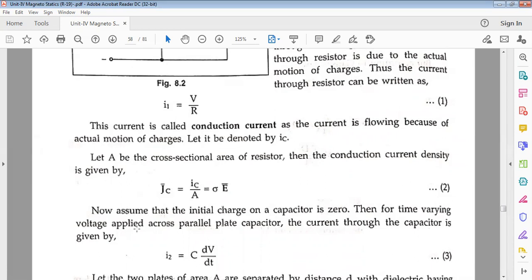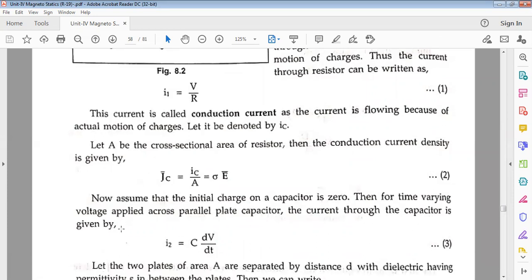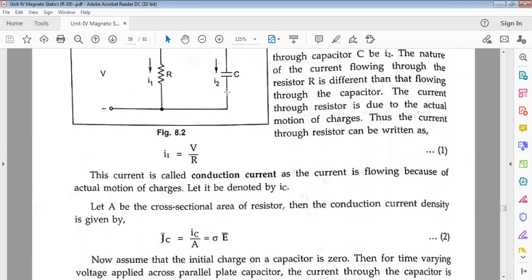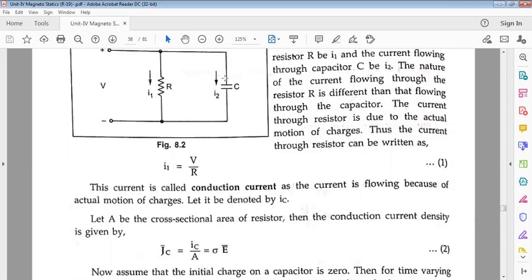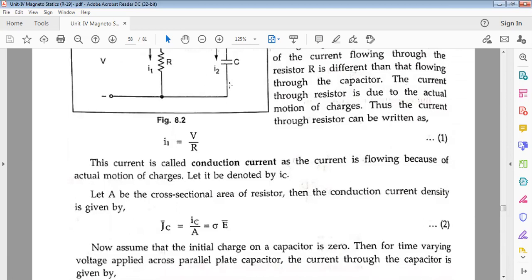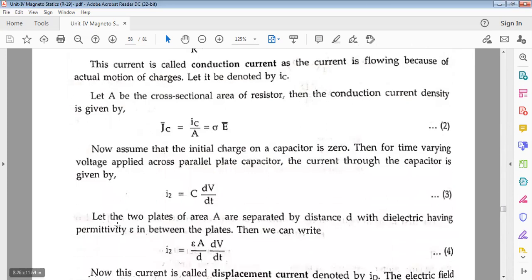For a time varying voltage applied across the parallel plate capacitor, the current through the capacitor is given by I2 is equal to C into dV by dt, where V is the voltage. Let the two plates of area A be separated by distance D, with a dielectric having permittivity epsilon between the plates.